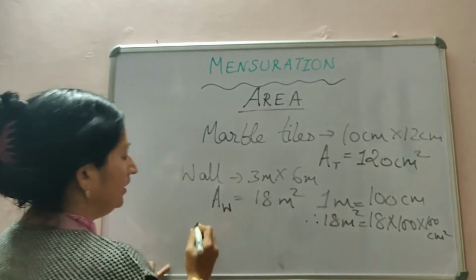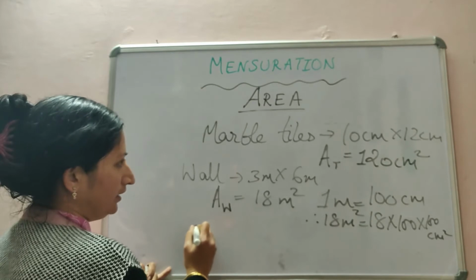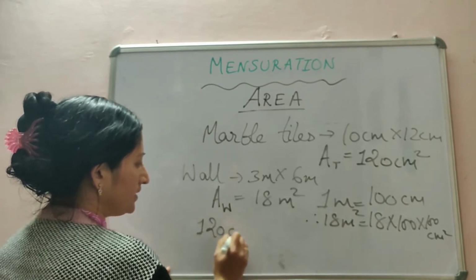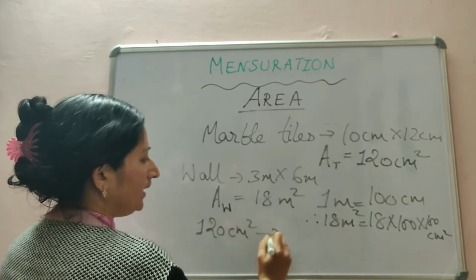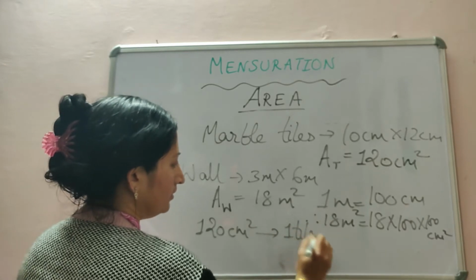Now, one tile, 120 centimeter square, is the area of a single tile.